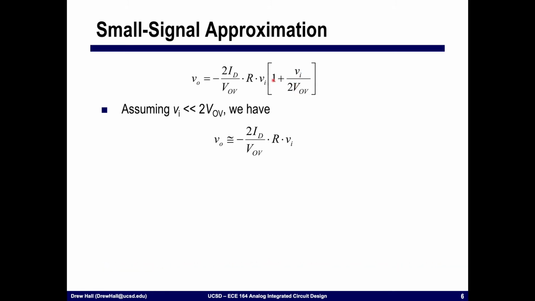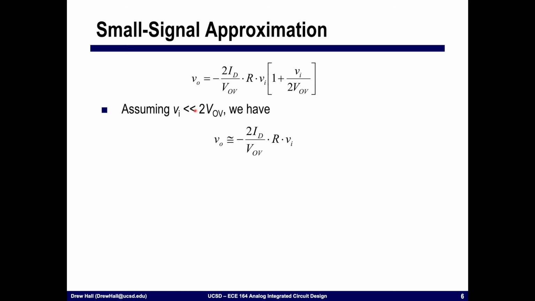Okay? And so that's what we're going to do. Let's assume that the input small signal voltage is much, much less than 2 times our overdrive voltage. And when I say much, much less than, I mean a factor of 10.